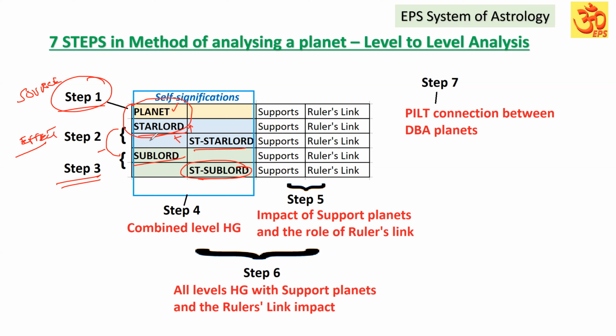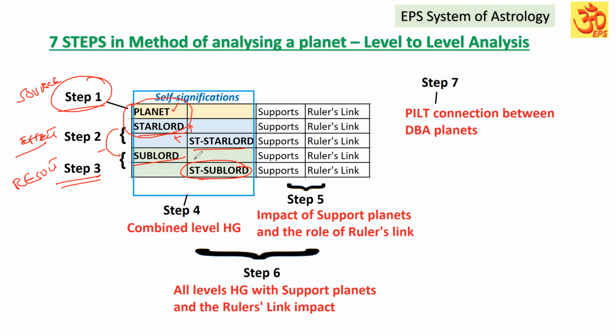It means that whatever the star lord is giving, whether the sublord is further supporting that or not. Or the planet and star lord combined are giving some effect, whether that is being further increased or decreased by the sublord. Based on that only, the result is going to be given by the sublord.